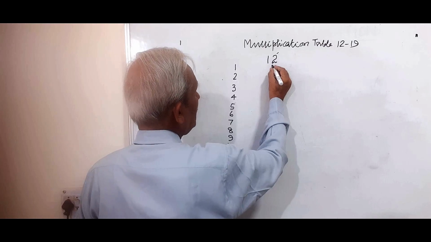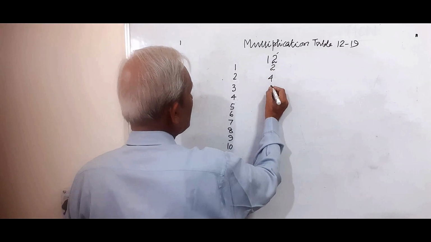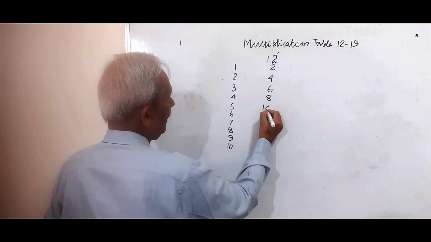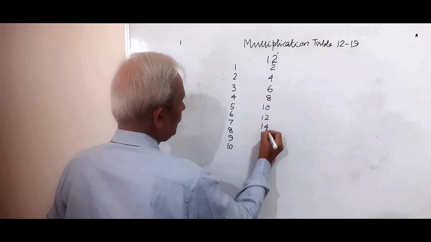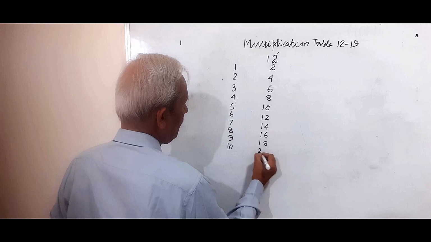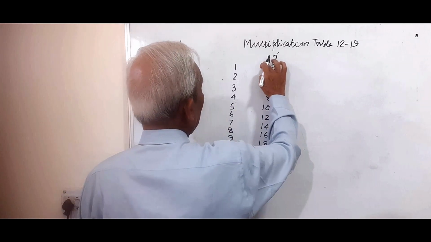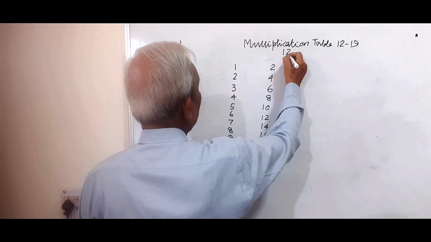The first multiple is 2, second multiple is 4, then 6, 8, 10, 12, 14, 16, 18, and 20. And now you see that everything is easy. Now you will get your multiplication table of 12 quite easily from here.